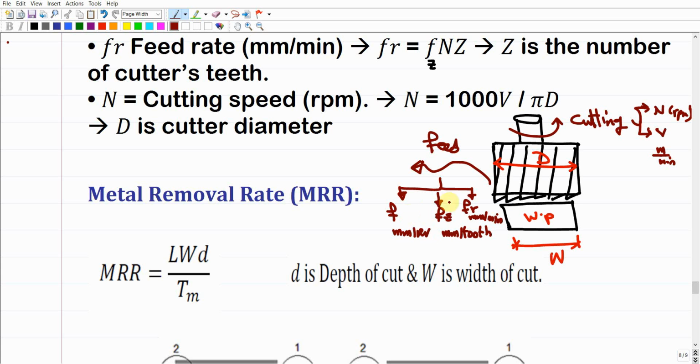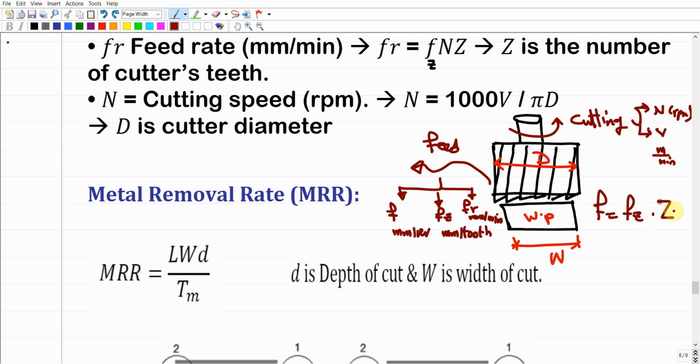Here we do have a new form of the feed, where you would be given the feed as millimeter per tooth, instead of millimeter per minute or millimeter per revolution. This is distinguished for the multiple point cutting tool. But something that you should understand is that F equals FZ times N, right?